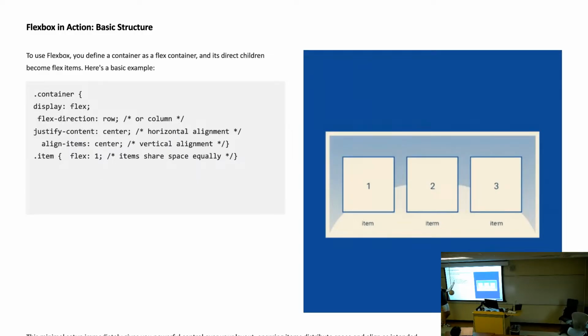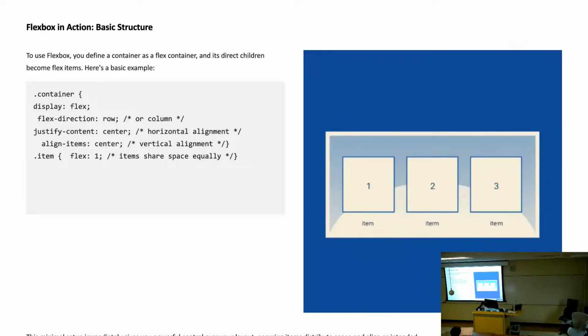Flex-direction: row will be us defining the 1D container. Since it's row, we'll have a Flexbox like this. Now replace row with column, and our 1D will be like this. Justify-content: center is a definition of, hey, we want everything to be in the center of our Flexbox.